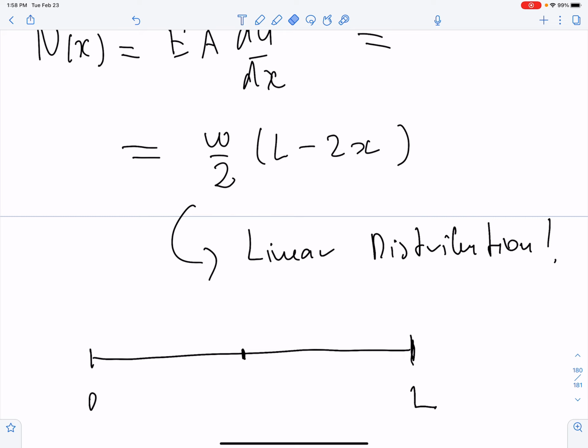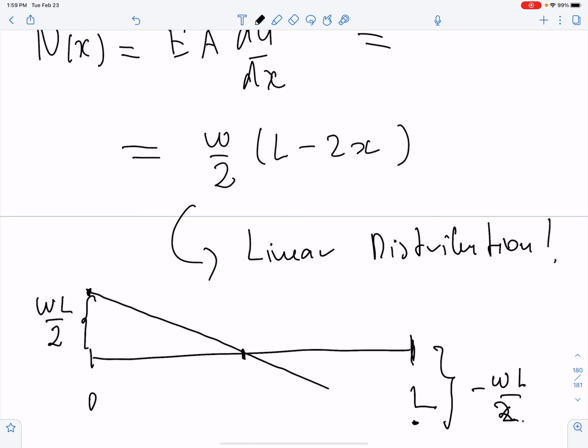At 0, you get wL over 2, so put a point here. At L, you get minus wL over 2, okay? So this becomes a distribution of your force. Positive, crosses 0, negative, okay? So positive, this guy is in tension. Okay, tension. Once it crosses there, it goes into compression.